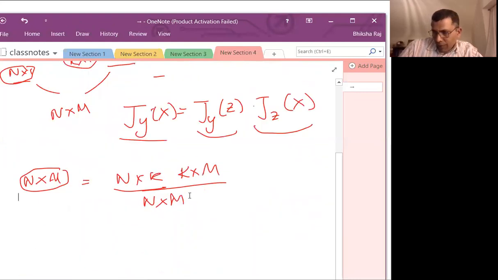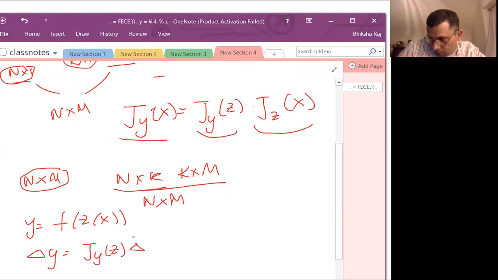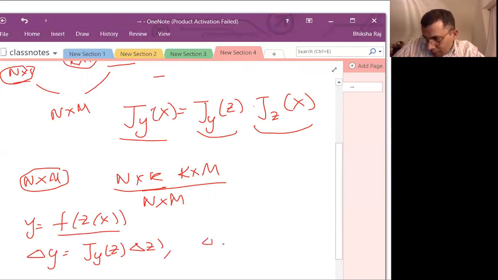I have y equals f of z of x. So I can write delta y equals the Jacobian of y with respect to z times delta z. That's what we get from the outer equation. And from the inner equation, we get delta z equals the Jacobian of z with respect to x times delta x.